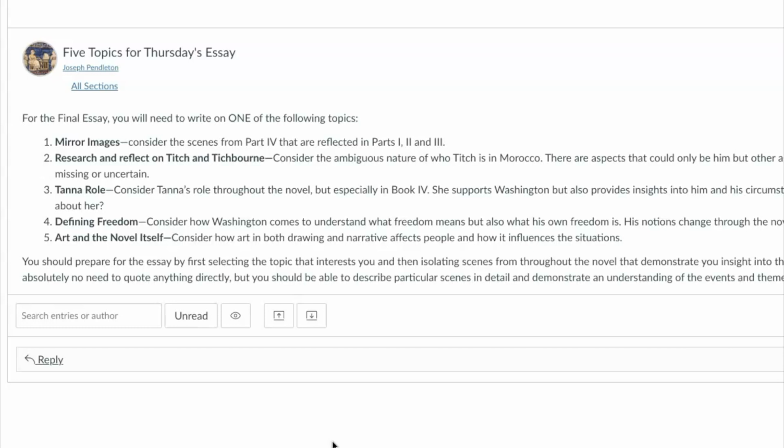And so you can look into the mirror images, and this is something I've discussed in the videos that I've posted to the class that are available in the 14th, 15th, and 16th weeks. The mirror images, the technique of using mirror images throughout the novel.